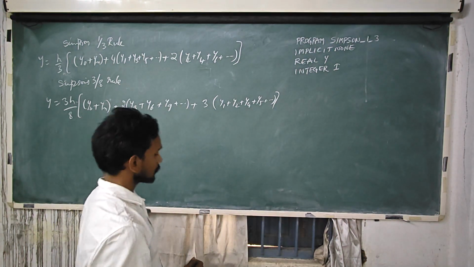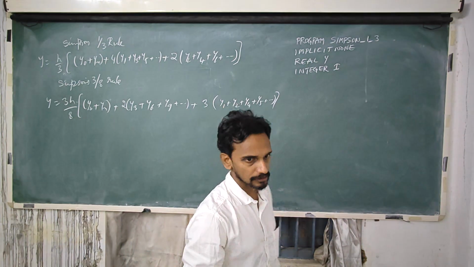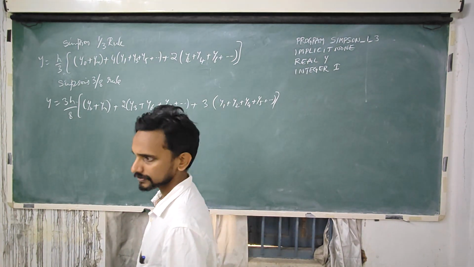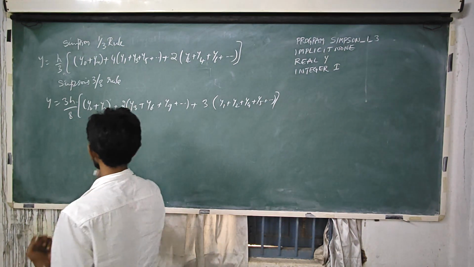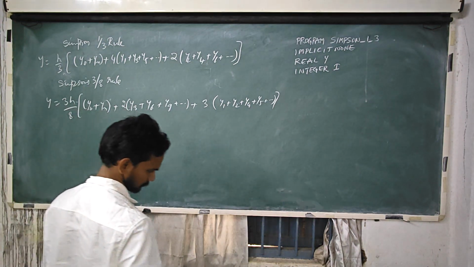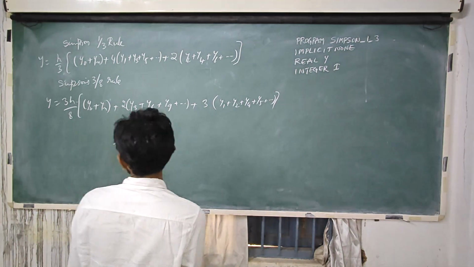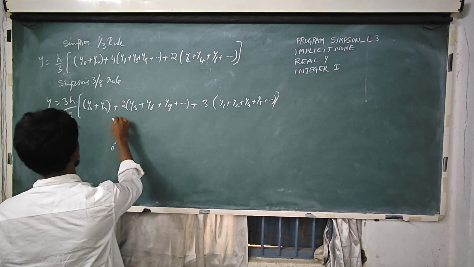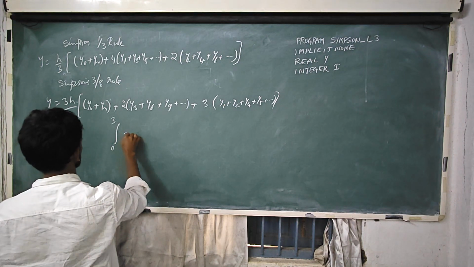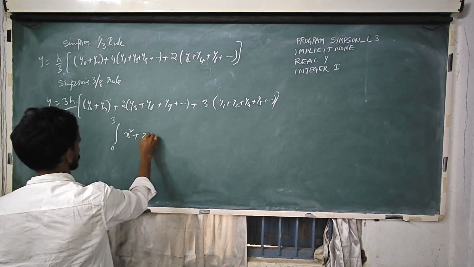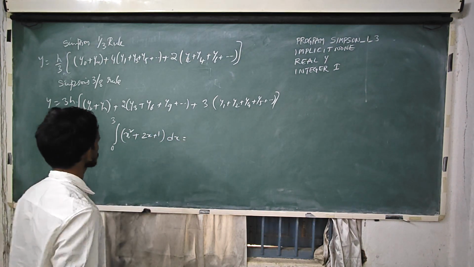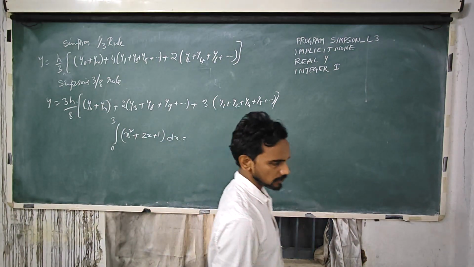We have to give the lower limit, upper limit and step size. Otherwise number of intervals. Number of intervals is more convenient. Let's say what is the function? Let's say 0 to 3. This is the function.